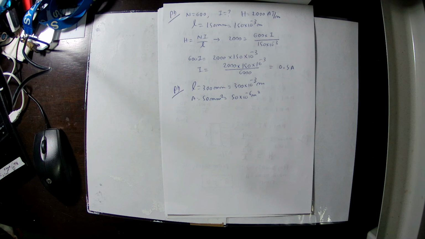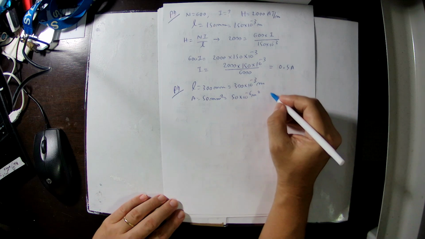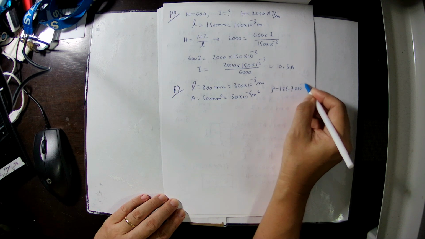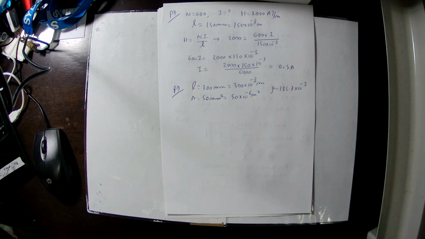Permeability mu is 125.7 into 10 power minus 3. We have to calculate reluctance R.